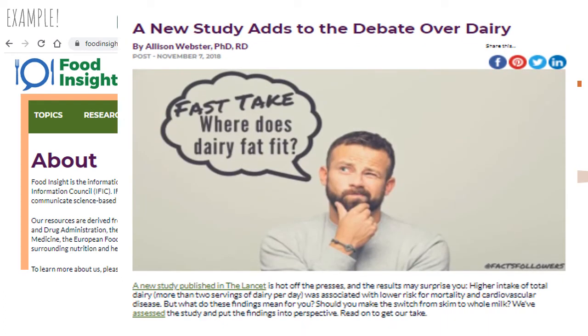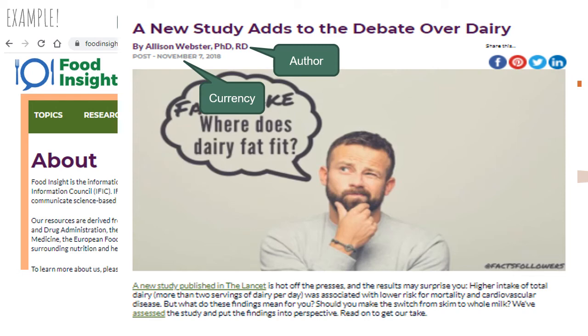And this is the article entitled New Study Adds to Debate Over Dairy. So look here. Find the author, right? The author is Alison Webster, PhD, RD. By knowing the educational background of the author, we can see that the author is qualified to talk about this issue.